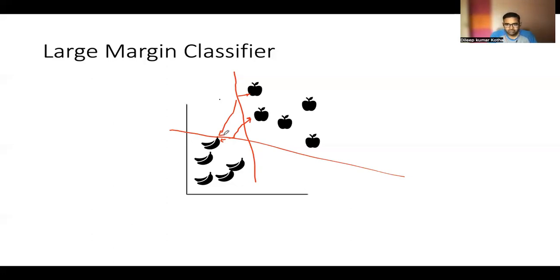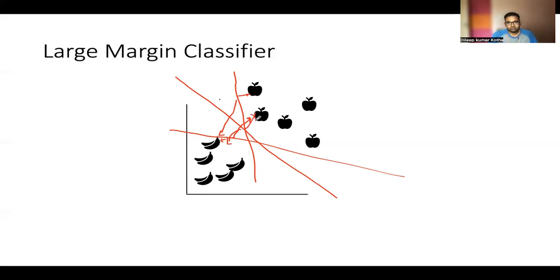So what the support vector machine does is it results in a decision boundary that tries to maximize the distance from the decision boundary to any of the input features. So with support vector machine, we get a classifier like this that separates out the data. This will be equidistant from either bananas or apples.